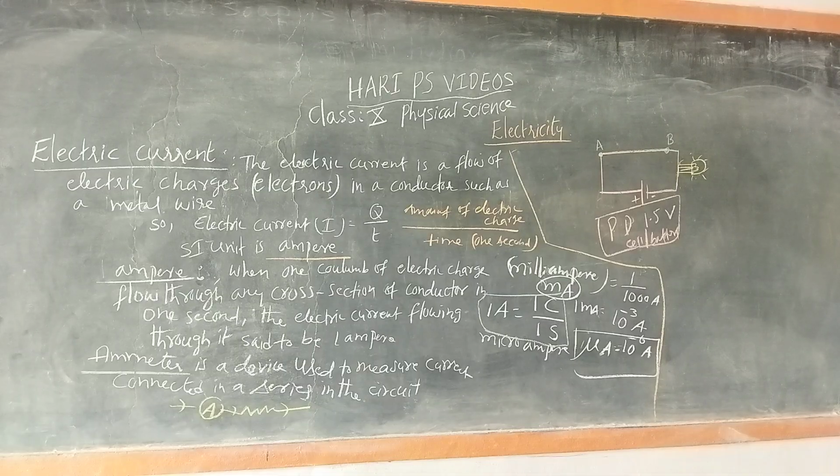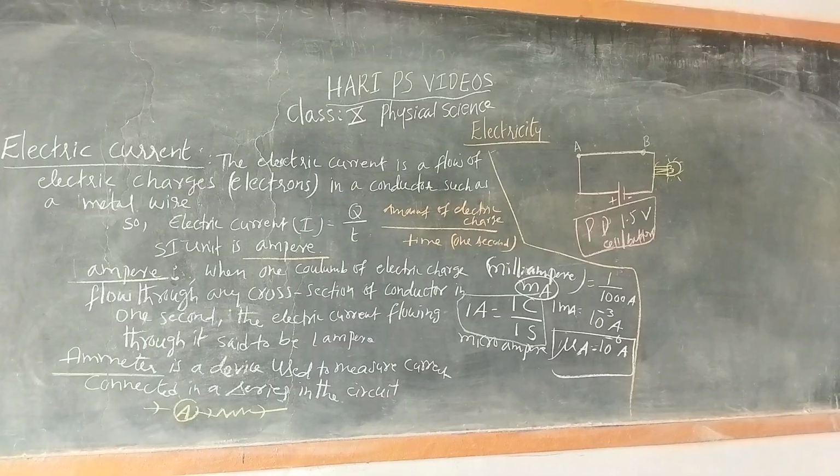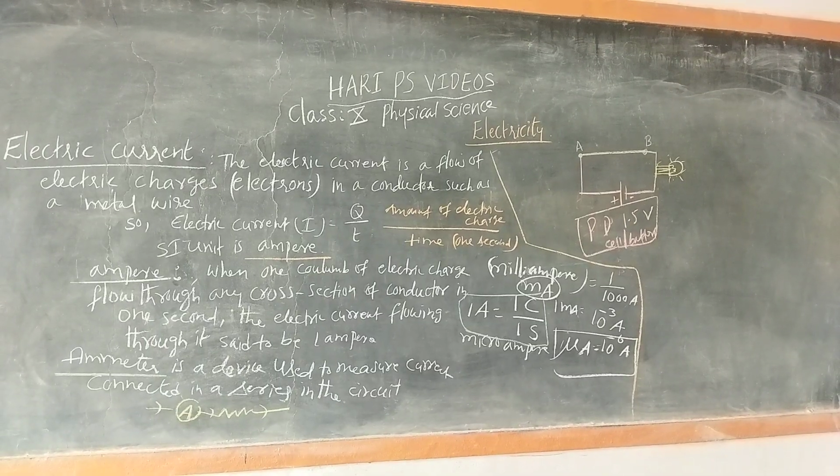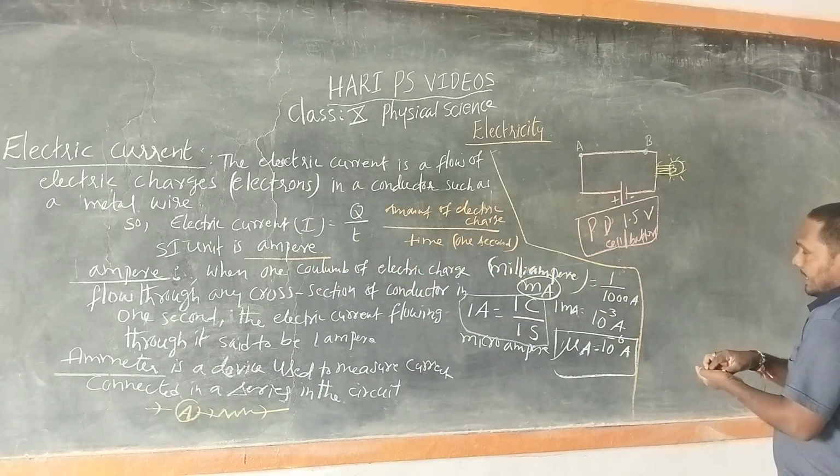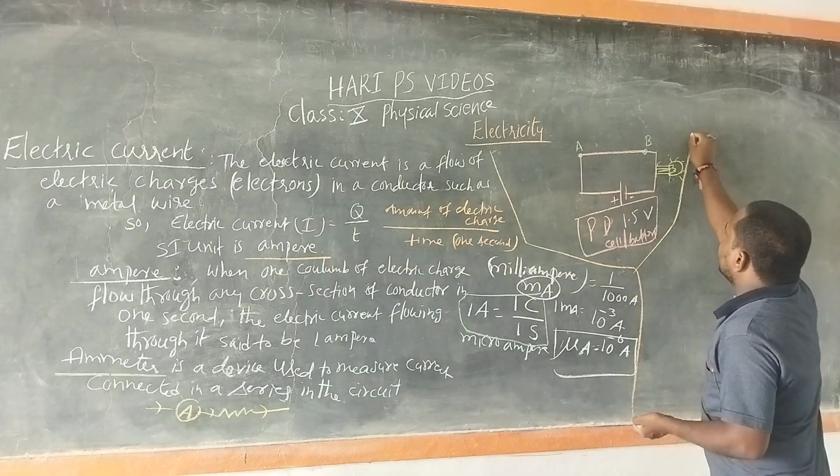Due to that potential difference, the flow of electric charges takes place, and then the current flows continuously in the electric circuit. Now, what is the direction of electric current?